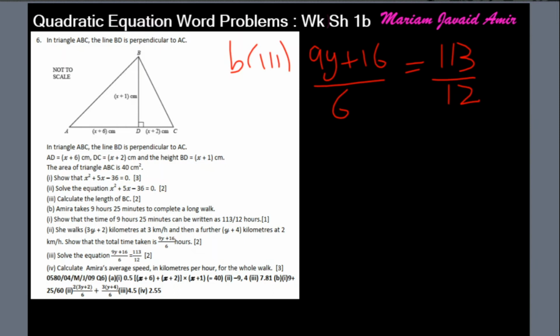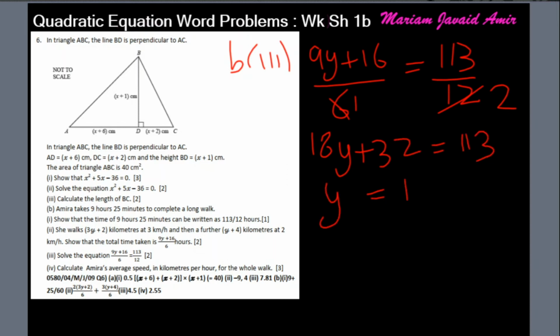For simplification, let's just cancel the denominators. 1 times 2 times 2 will go to the other side and get multiplied, plus 16 times 2 is 32, equals 113. Then y equals (113 minus 32) over 18. 113 minus 32 over 18, we get 4.5. So y equals 4.5.